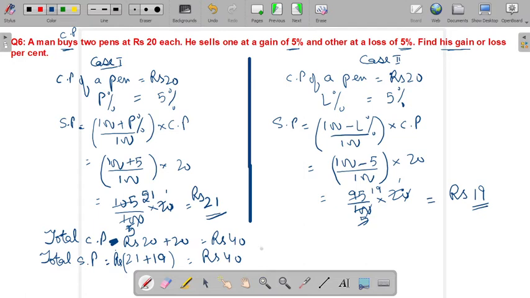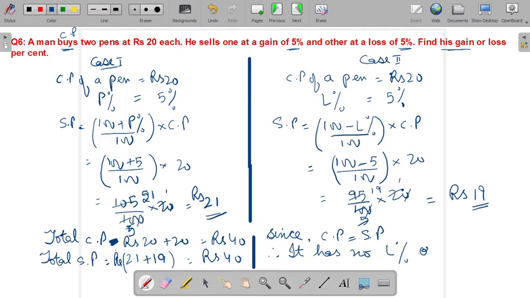So what do you observe here? In this case, cost price is 40 and selling price is also 40. So it means that there is no loss or profit. Since cost price equals selling price, therefore it has no loss percent or profit percent.